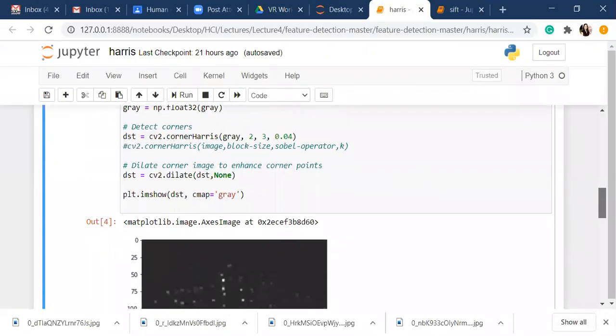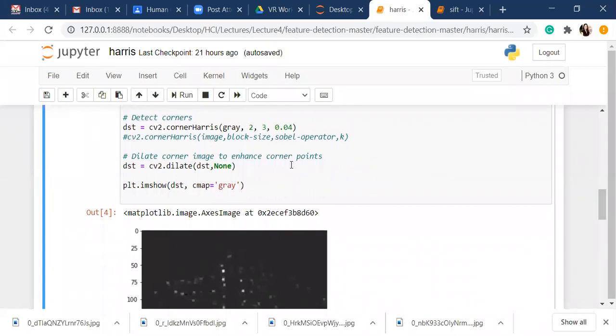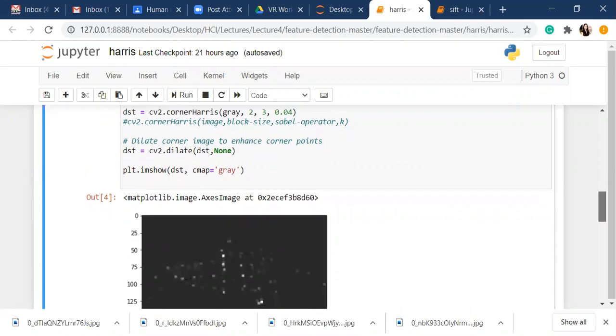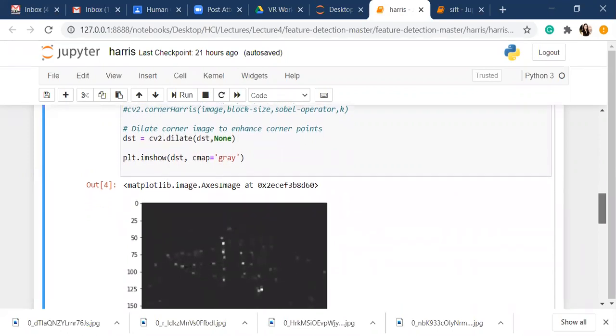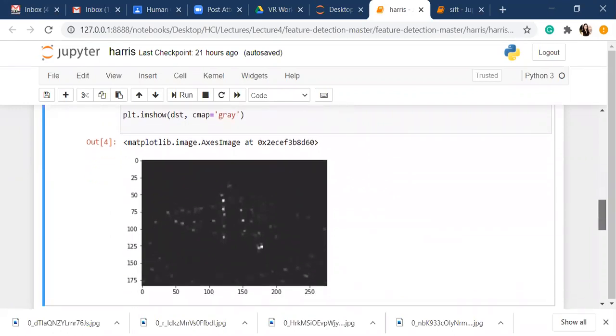In order to detect the corners, I have to dilate my image. There is a function inside cv2 called dilate. Dilate will enhance the intensity of your corners inside the image so that you can visualize them in a better way. So these are the corners you can see here.